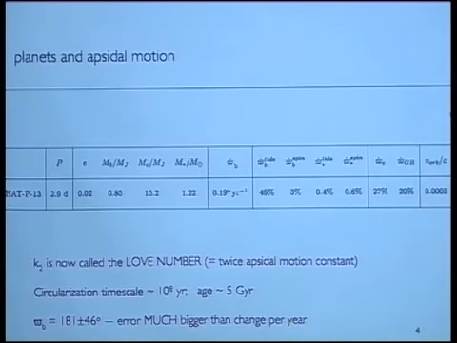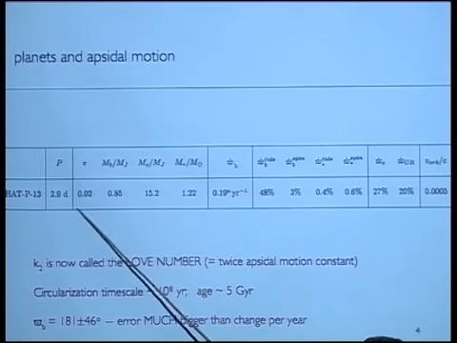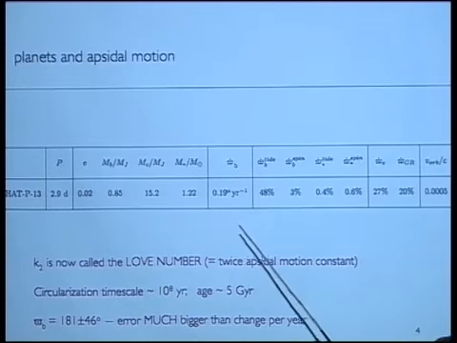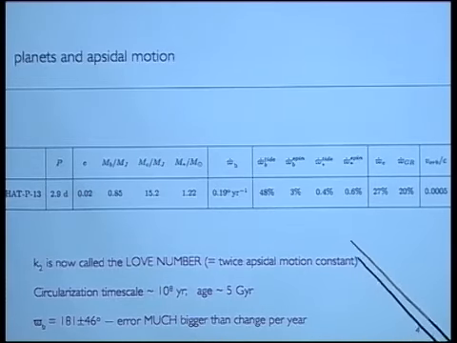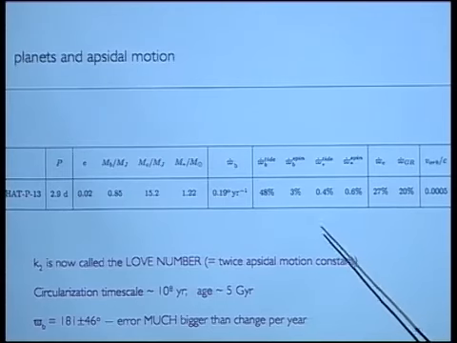This was discovered this year, or at least announced a few months ago, and it's the first system to have a companion that's close enough and massive enough to do what I'm going to tell you about today: to actually induce a non-zero eccentricity in the inner planet that, with this period, should actually be circular. It would be circular if the companion wasn't there.